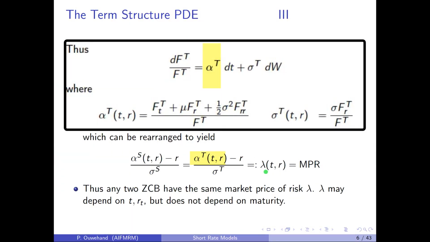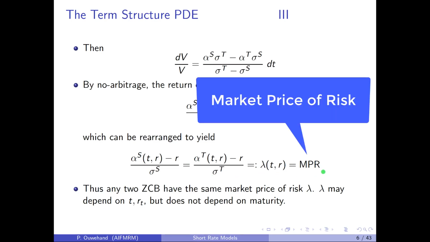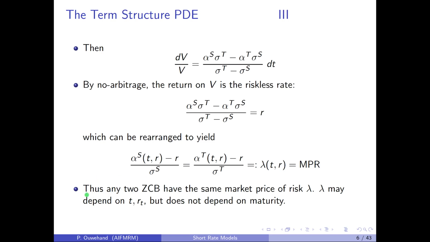Notice further that alpha T is the drift of the T bond and sigma T is the volatility of the T bond, and therefore this expression here is just the drift minus the riskless rate over the volatility, which is precisely the market price of risk. It therefore follows that any two zero-coupon bonds have the same market price of risk, lambda. This lambda may depend on t and r, but it does not depend on the maturity.